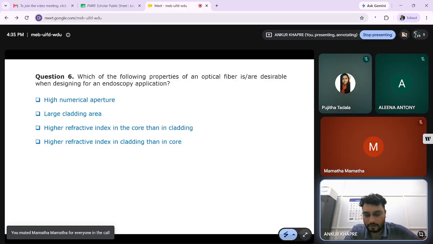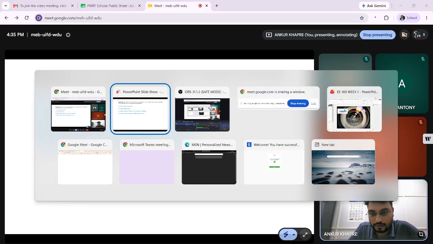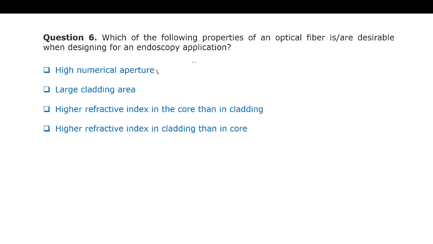So obviously, this is the correct statement. And this also, higher refractive index in the core medium than cladding. You know that the numerical aperture depends on the contrast of n1, which is the core, and the cladding.